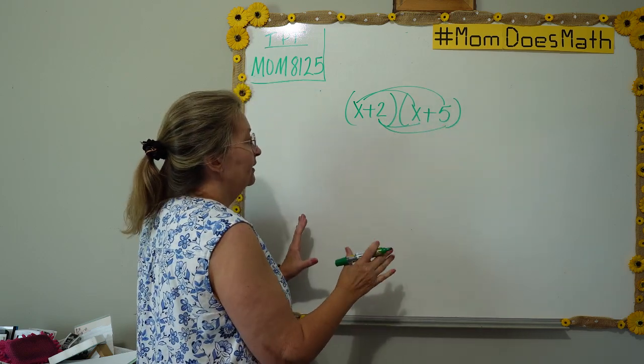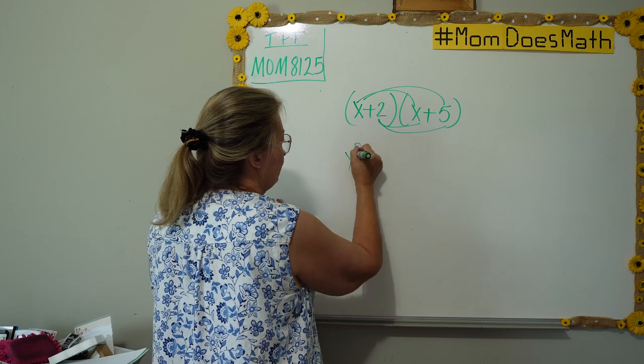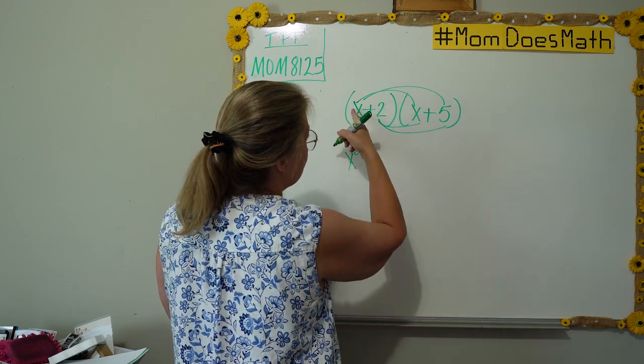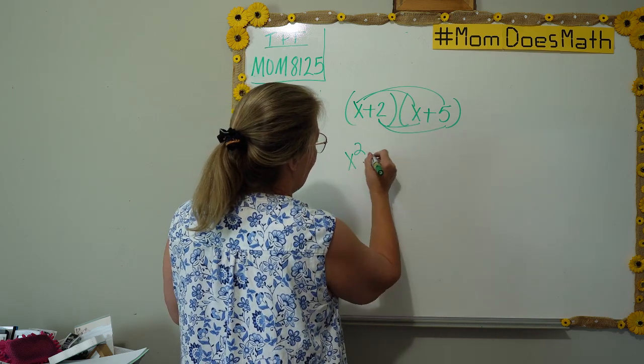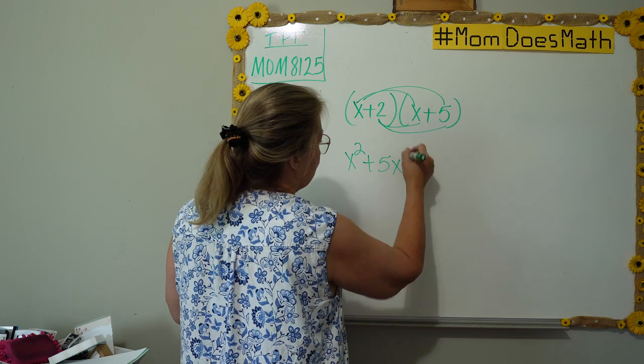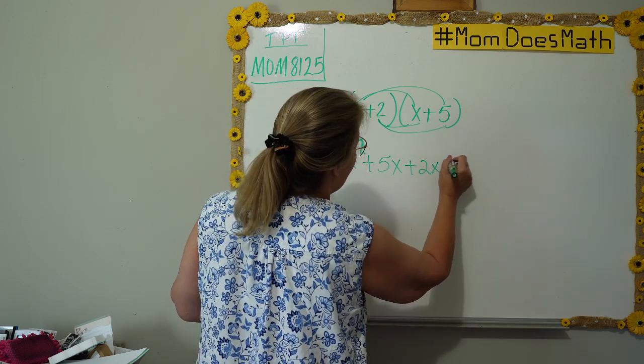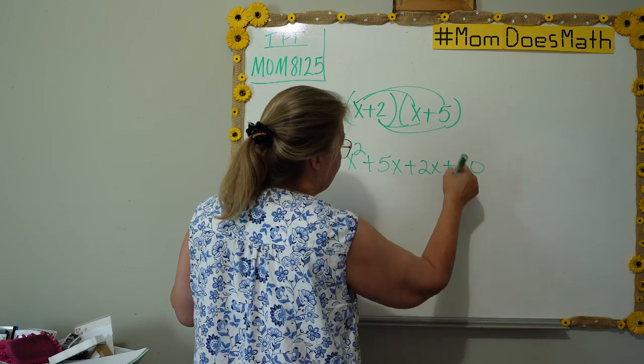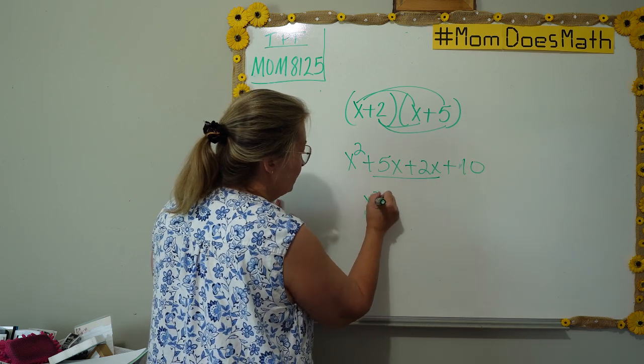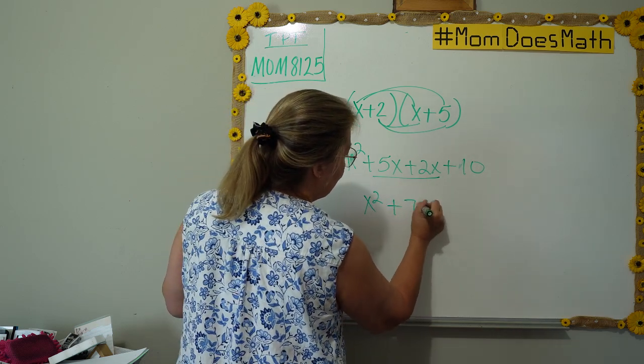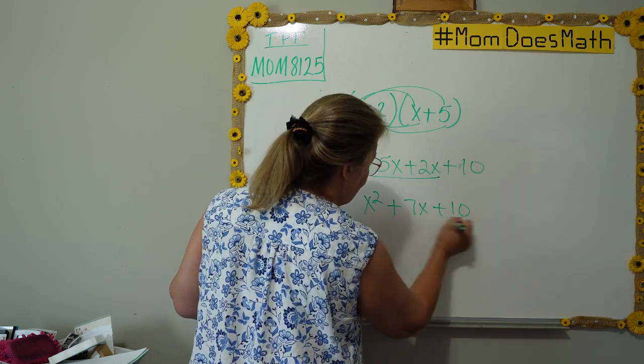So let's see what we get. x times x is x squared, x times 5 is 5x, 2 times x is 2x, and 2 times 5 is 10. Then you add the 2 middle ones together: x squared plus 7x plus 10.